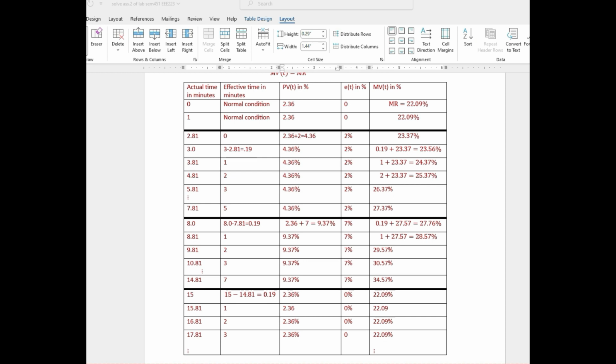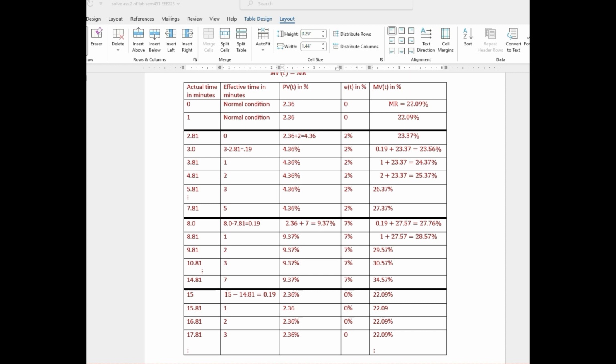Let me explain how we can write our table. See, this is the table now. I need to put here my actual time in minutes as one column, then the effective time in minutes, which is different from the actual time, and my BV percentage for each period. See these thick lines.